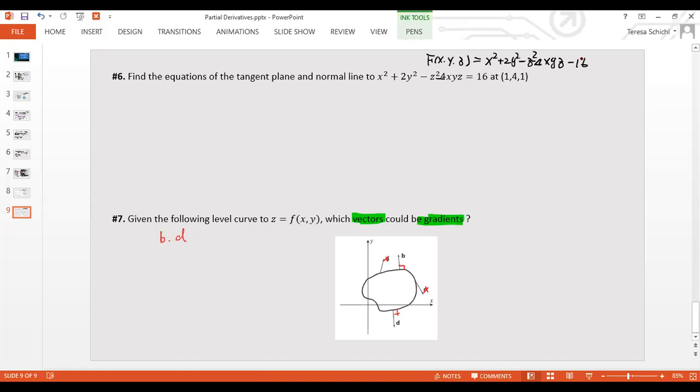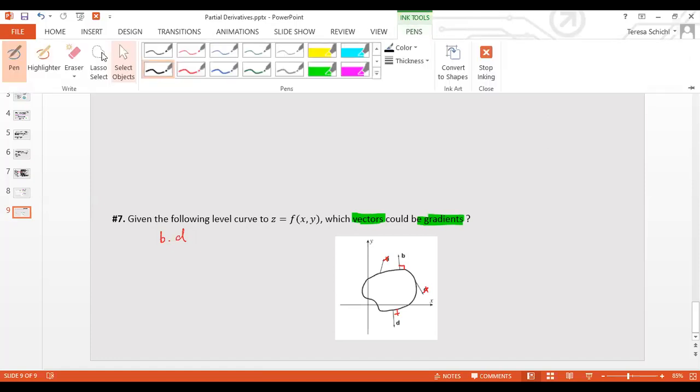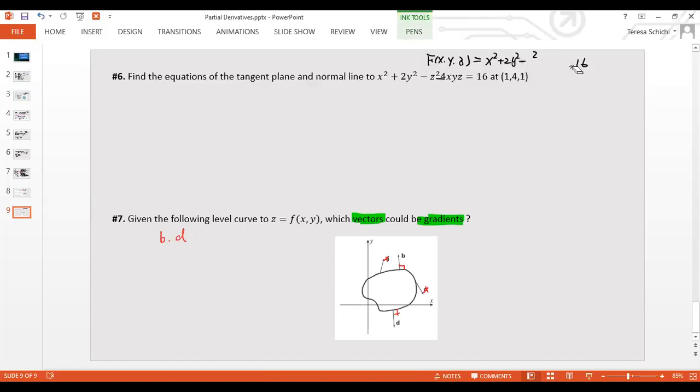I think there's a typo here, so this has to be x squared plus 2y squared minus z squared minus 4xyz.